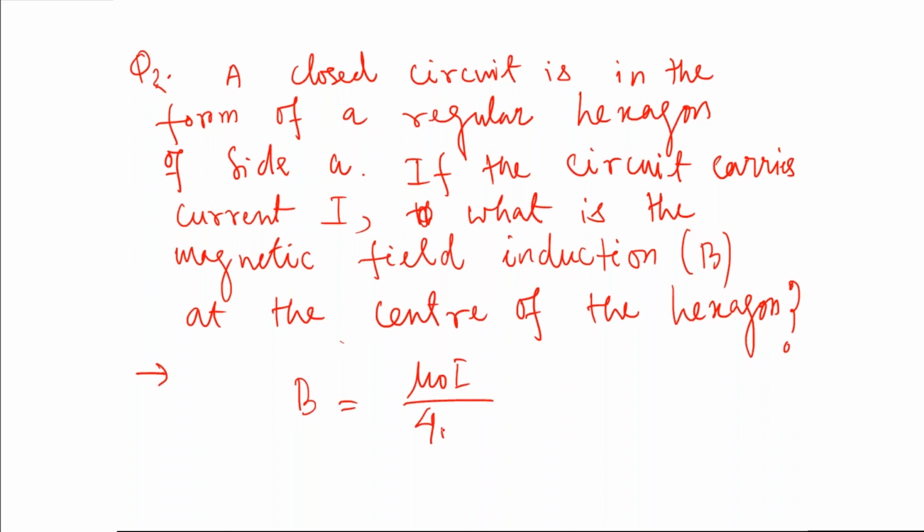Once you get it for one wire, suppose this is B prime, for all the wires you have to multiply 6 into B prime. So you have to find out basically what is B prime.